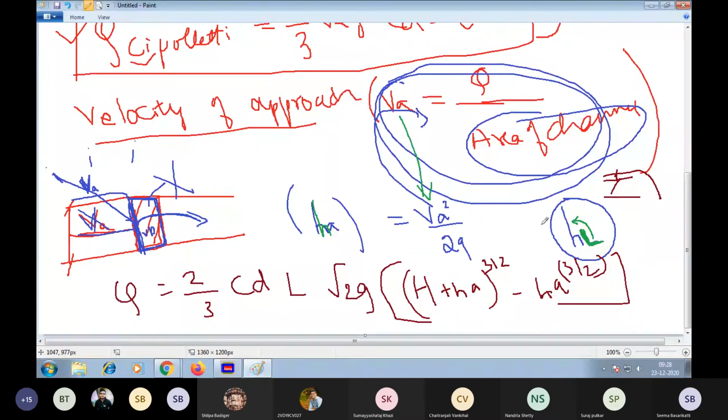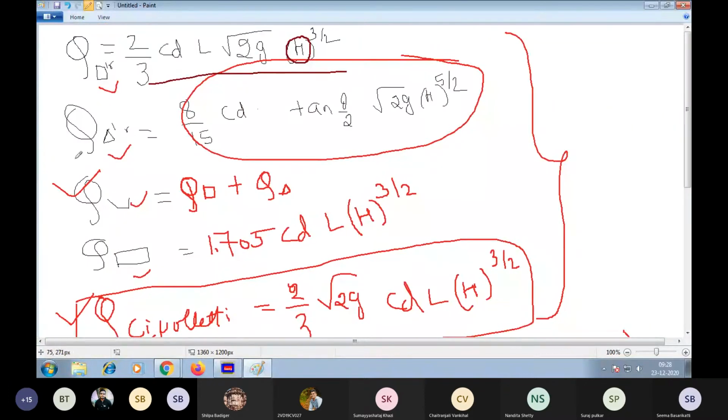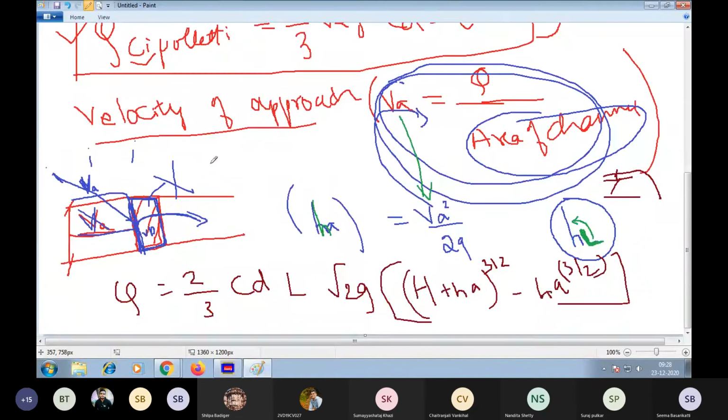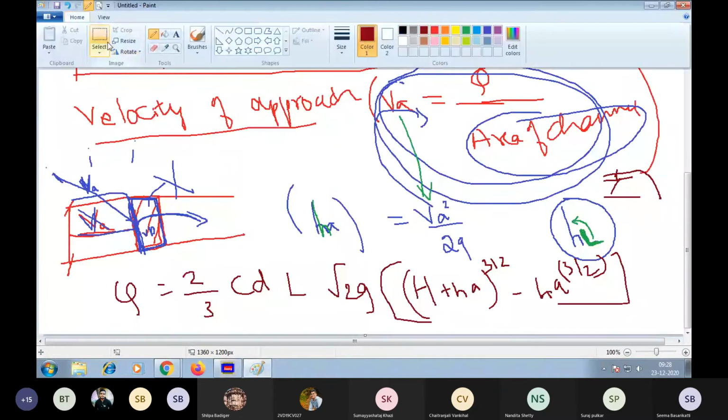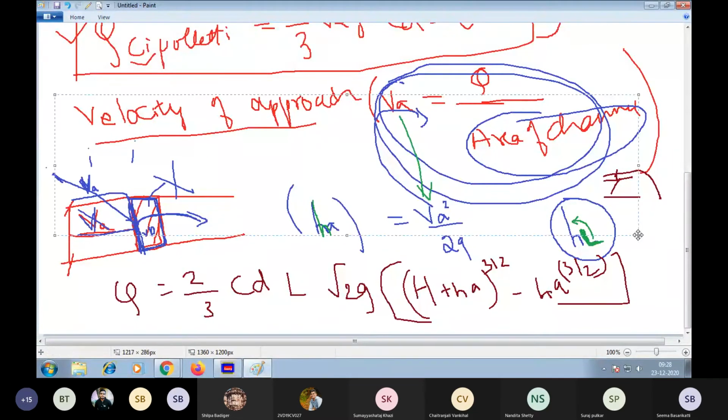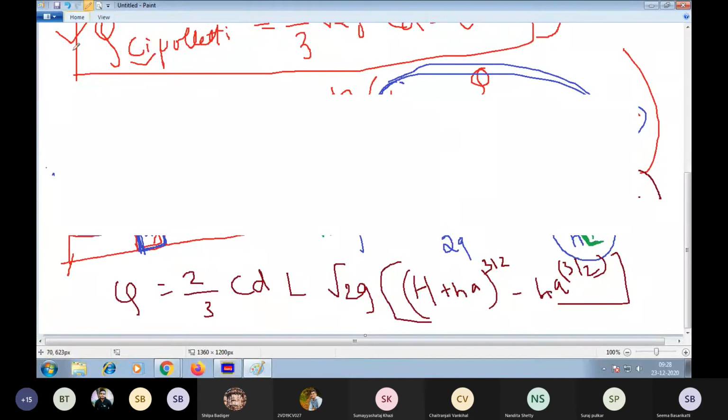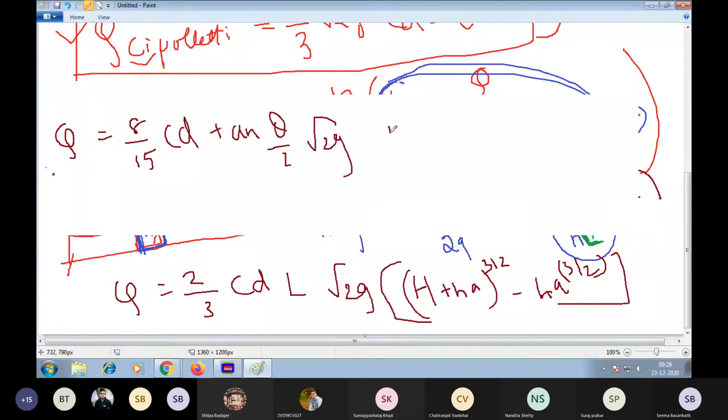Suppose I ask you to calculate the discharge with the velocity of approach for a triangular notch, how are you going to write the equation? Q is equal to 8 divided by 15 into CD into tan theta divided by 2 into square root of 2G into H plus HA raised to how much? 5 divided by 2, is it correct?